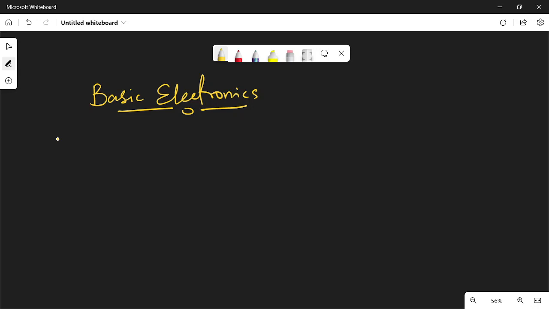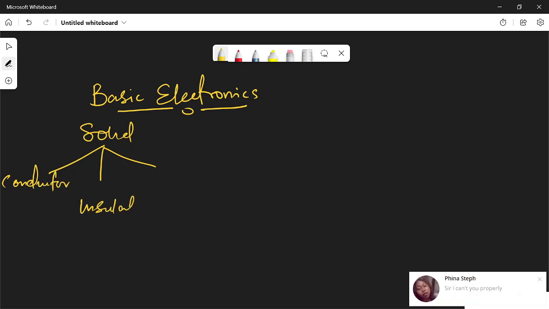But when it comes to electronics, or electricity, we talk about solid in three ways. We can categorize solid into what? Three. We have what we call conductor. We have what we call insulator.